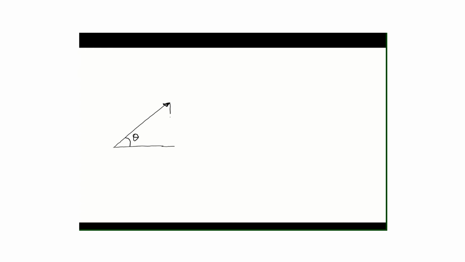If we draw a simple right-angled triangle, this one's v, the total velocity, this will be Vy, and this will be Vx. Vx then equals V cos theta, and Vy equals V sine theta.